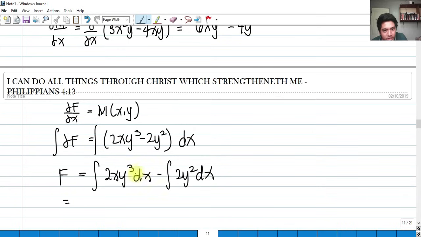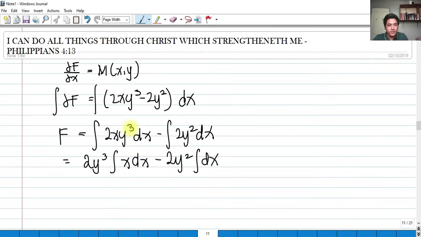Since this is with respect to dx, I can factor out any variable other than x because it is considered a constant, as well as the constant real numbers. So we have 2y cubed times the integral of x dx minus 2y squared times the integral of dx.